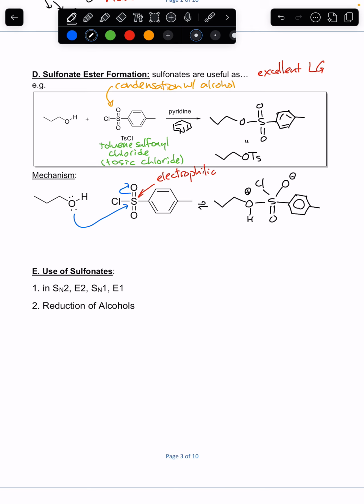Now, once we get to this intermediate, we have pyridine, which is a mild base. It's a decent base, not a strong base at all, but it can pull off that extra proton, and that's why it's there to facilitate that process.